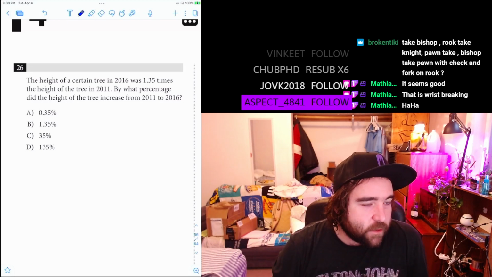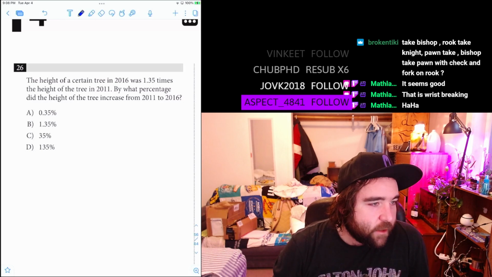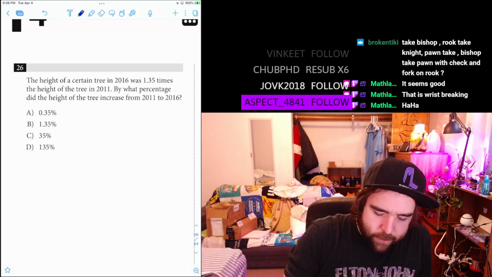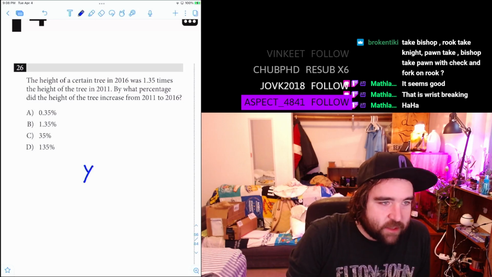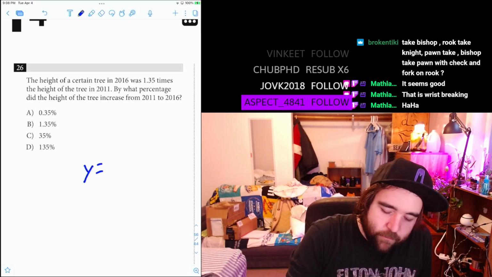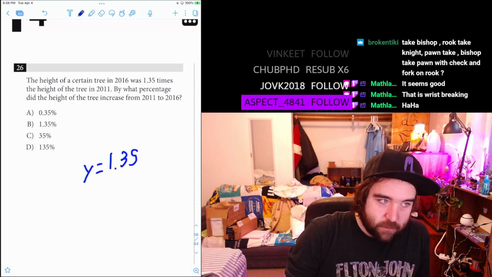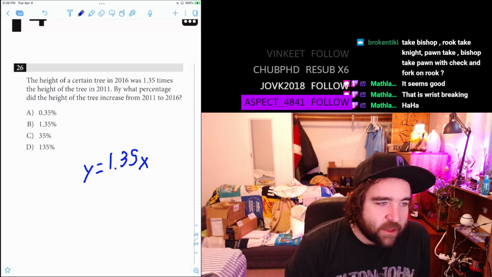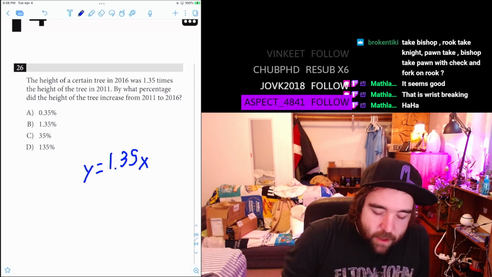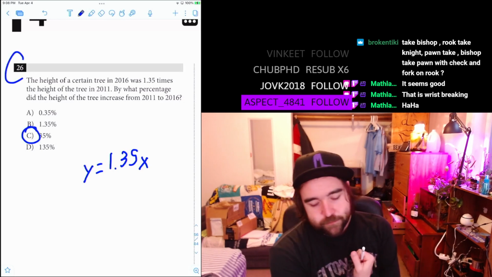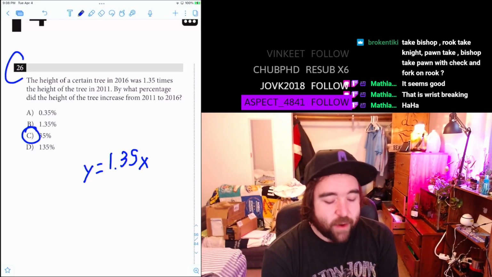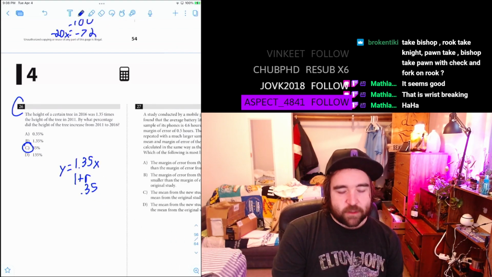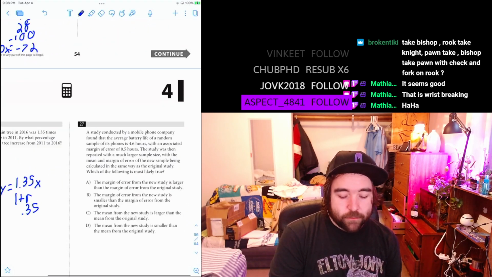So the height in 2016 is 1.35 times the height in 2011. Okay, so it is just simply 35% then. Because remember, that's the 1 plus the rate, what we have right here. So the rate is 0.35, which is 35%. The 1 is the 100% that it started with.